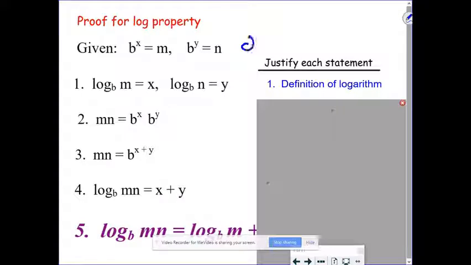So look at the first one here. We start with b to the x equals m, b to the y equals n. If I change them to log form, that gives me log base b of m equals x, log base b of n is y. So again, I just changed it to log.